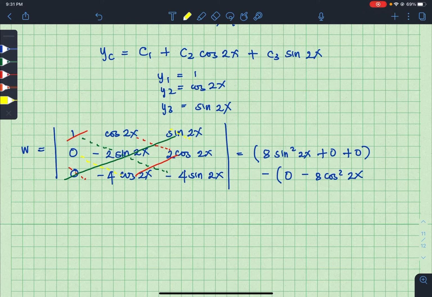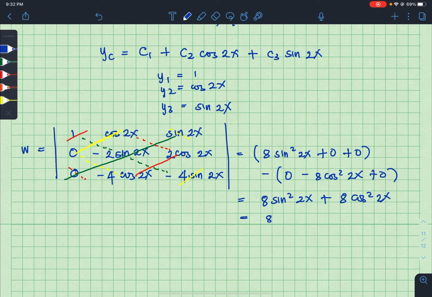And lastly, that would be 0, so plus 0. So we have then 8 sine squared 2x, negative and negative making plus 8 cosine squared 2x.